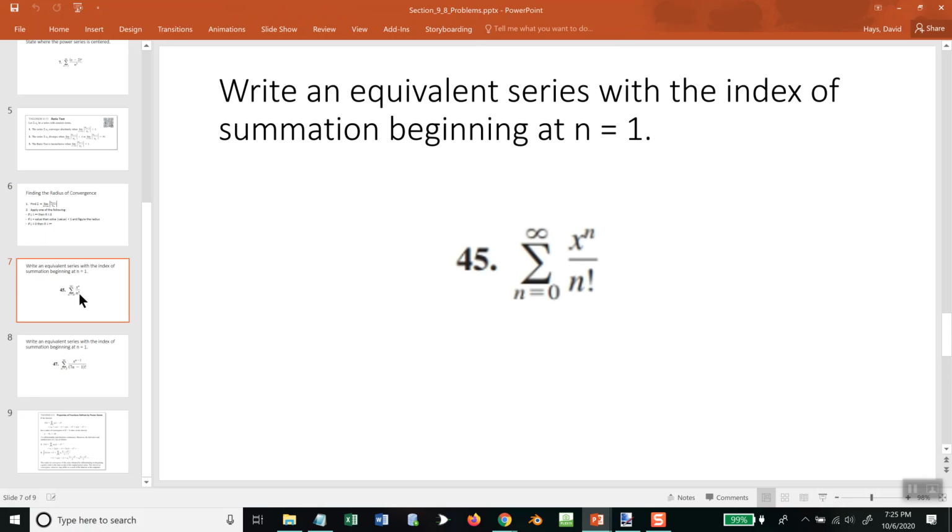Okay, let's take a look at this one. This one says write an equivalent series with the index summation beginning at n equals 1.